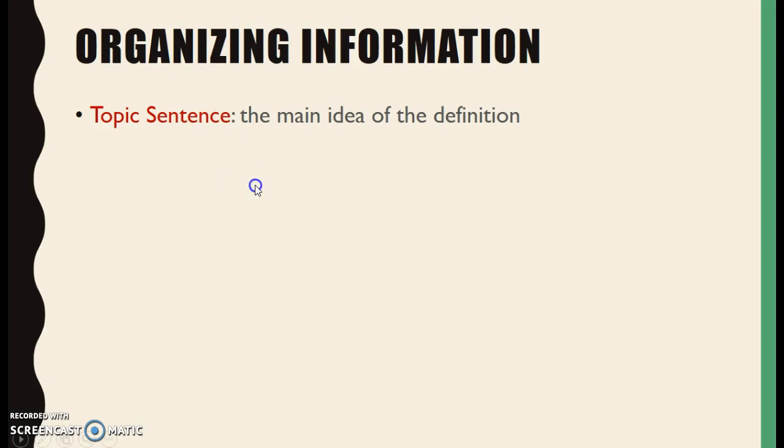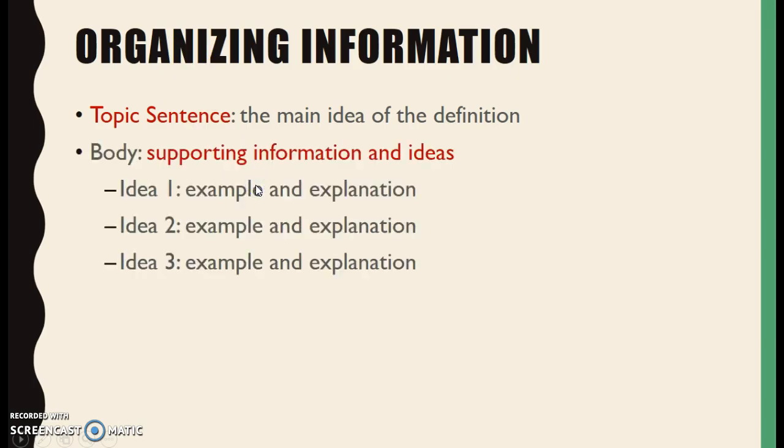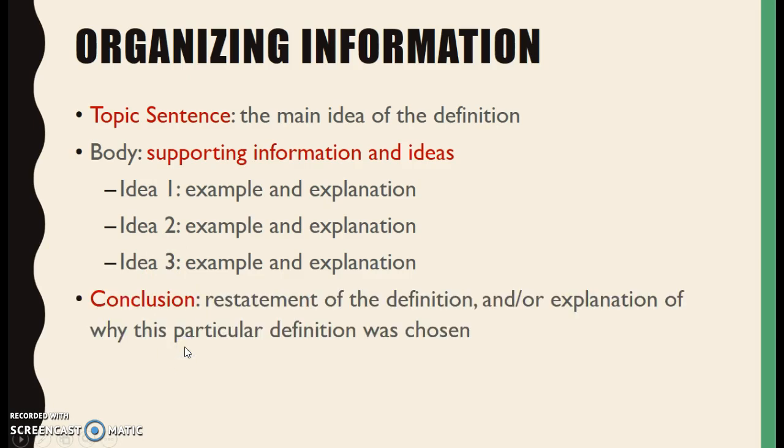But a paragraph that's giving information and explaining exactly what that term is needs more information. So we put in examples with an explanation, one, two, three ideas. Sometimes two ideas are enough. And then we finish that paragraph with a conclusion, which can be a restatement of the definition and or an explanation of why this particular definition was chosen.